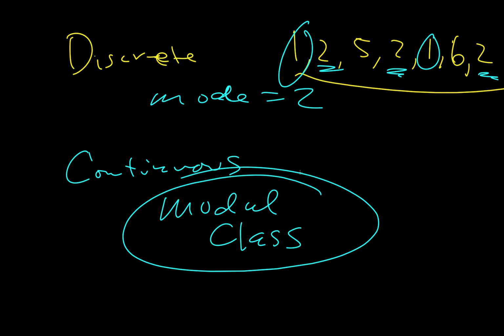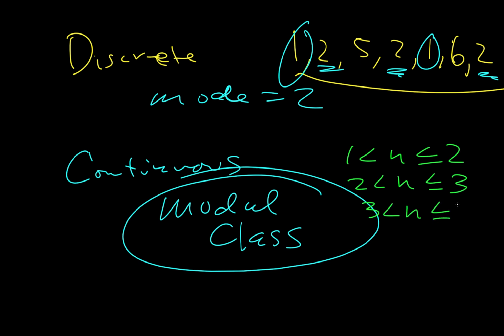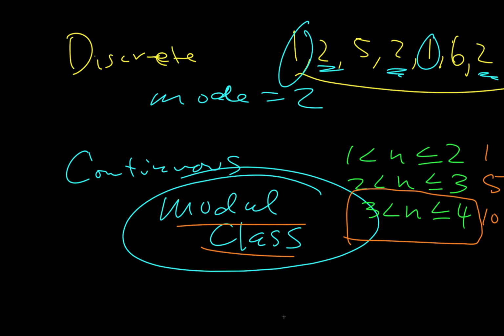But essentially what it is, if we have something like data that looks like this, I'll just write that out. If we have one thing that falls into this, 5 things that fall into this range, and 10, then we would say this is the modal class.